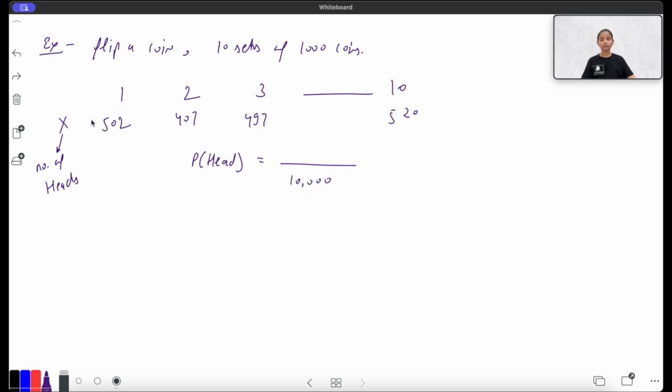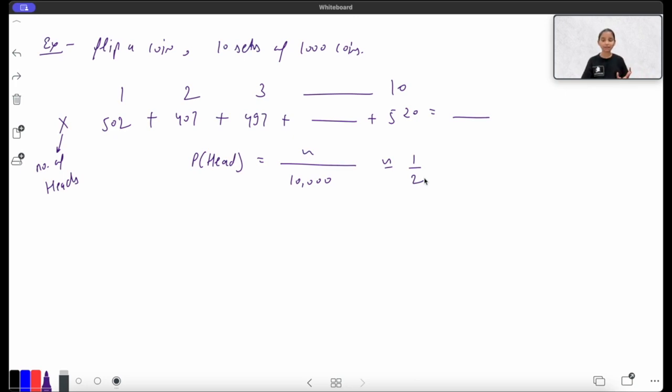And the total number of heads that you are getting, you can add all these and you can get the total. That will be something. And this ratio is going to be 1 by 2.